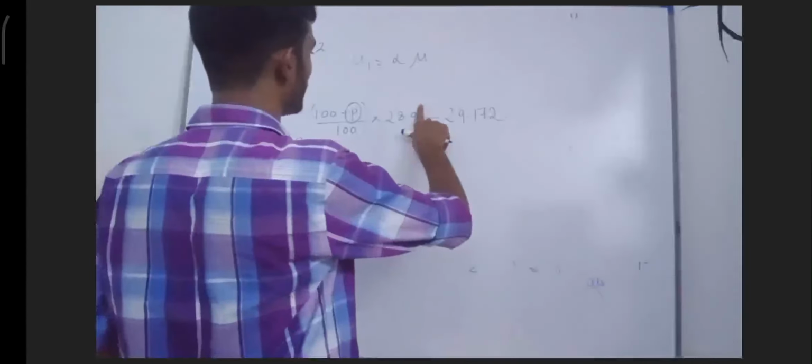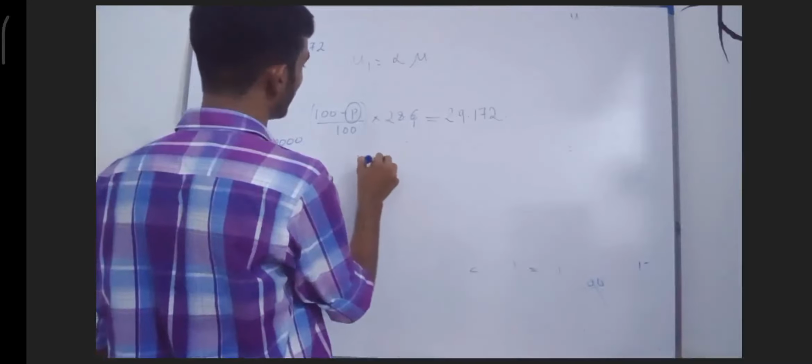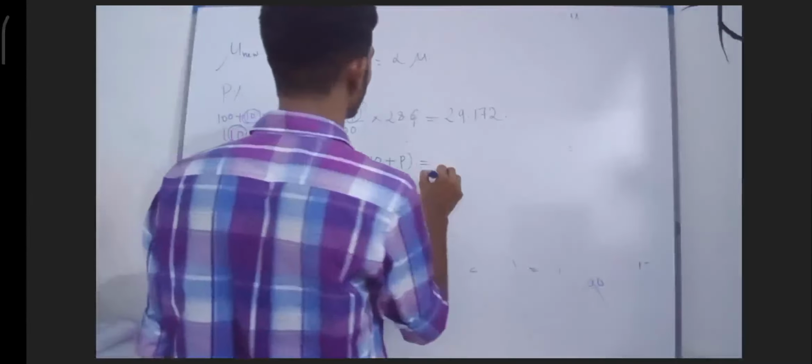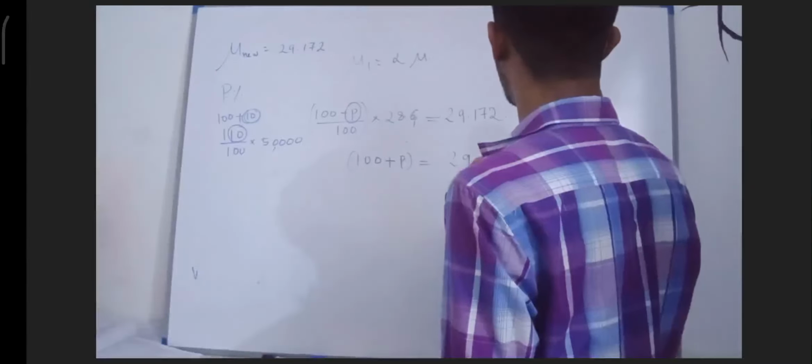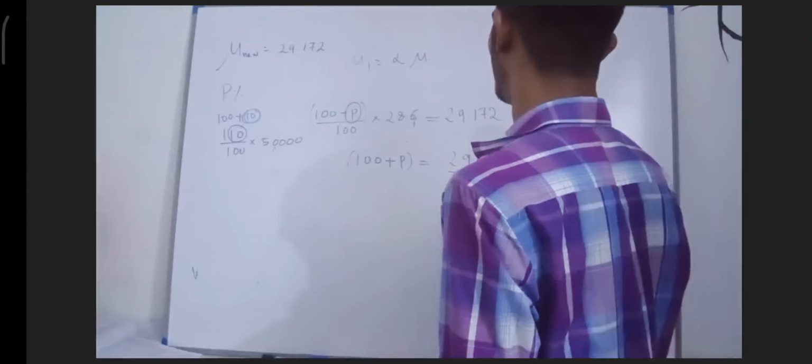So my initial average salary was 28.6. So 100 plus P is equal to 29.172 divided by 28.6.